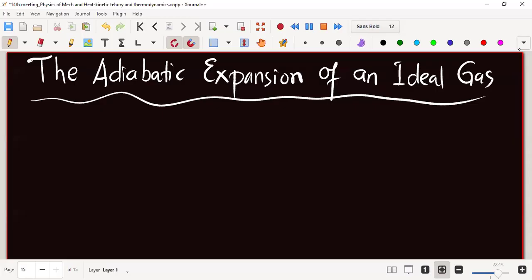Okay, so for the adiabatic, we can draw the curve.